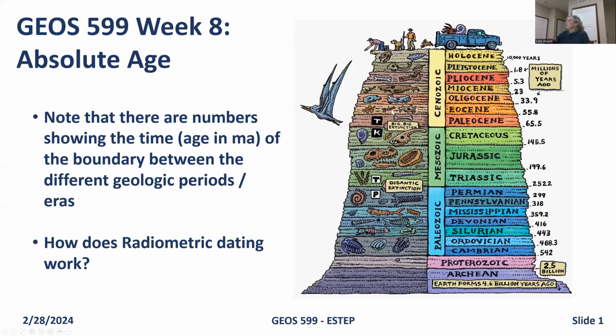Okay, so you'll recognize this diagram on the right. And this time, as well as showing the various time chunks, I want you to notice these numbers in here. These are absolute ages in millions of years ago.